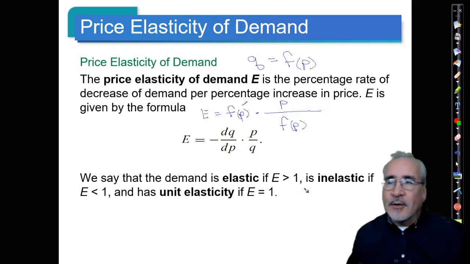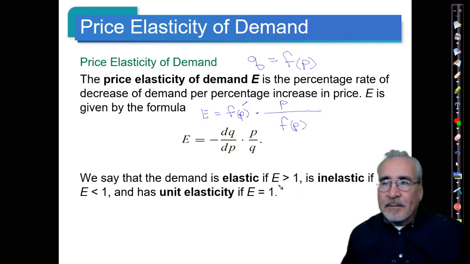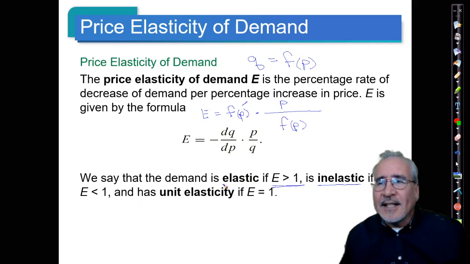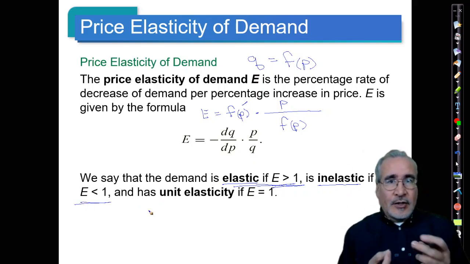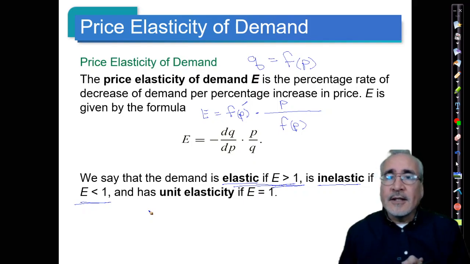And we'll work through an example here. And then if the result is a number greater than 1, it's simply inelastic. Oh wait, I got that backwards. I thought that was, it's elastic if it's greater than 1. Here it's inelastic if it's less than 1. That makes sense. Okay, so inelastic means a change in price really doesn't affect the demand so much.